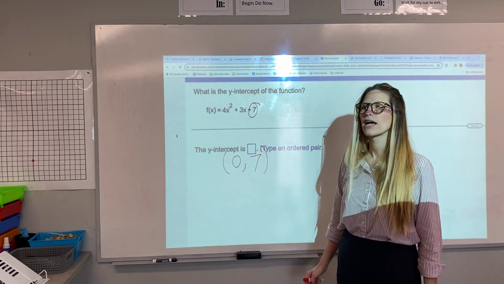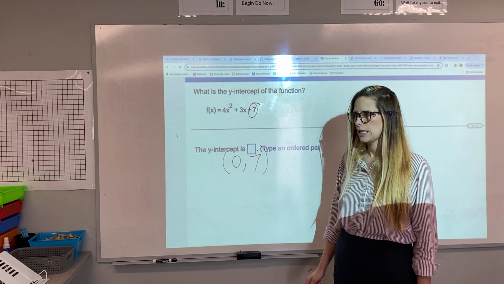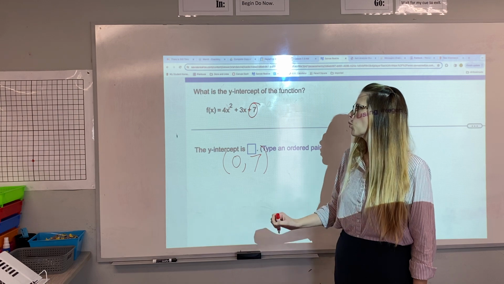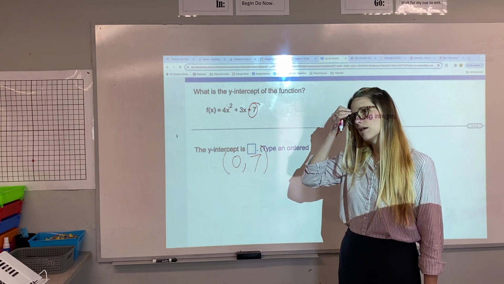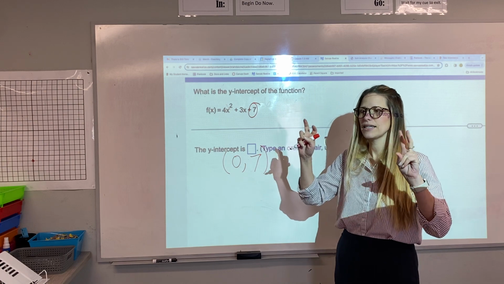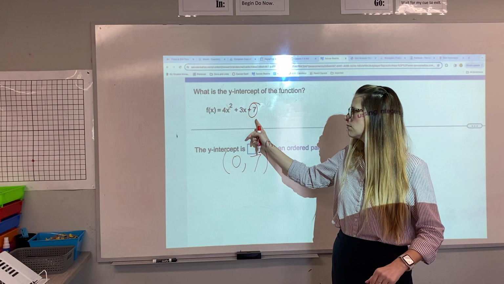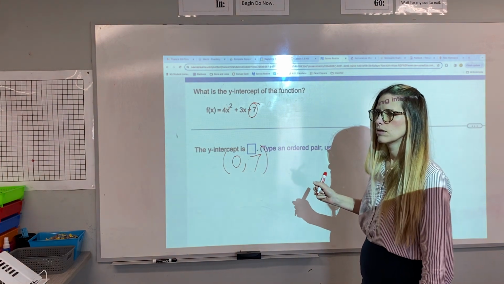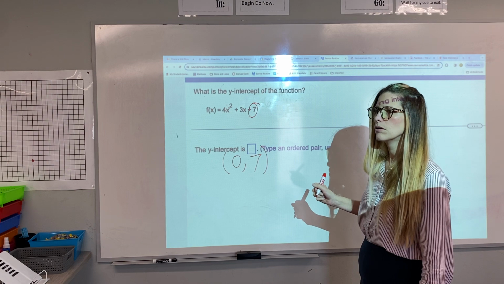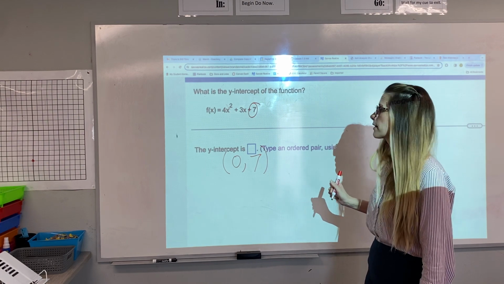Is that for an explanation? So you would explain it like this: the y-intercept is the c value in a function. If your y-intercept is -9, which is 0, -9, exactly, yep.